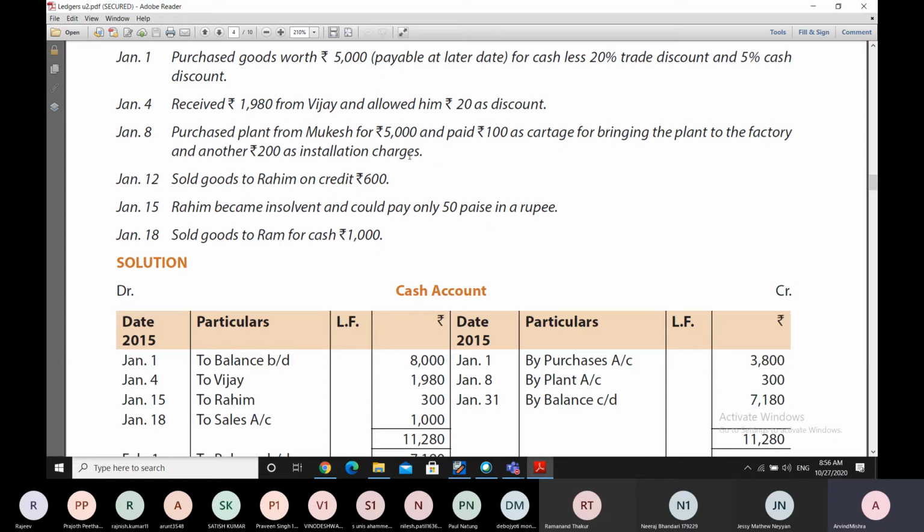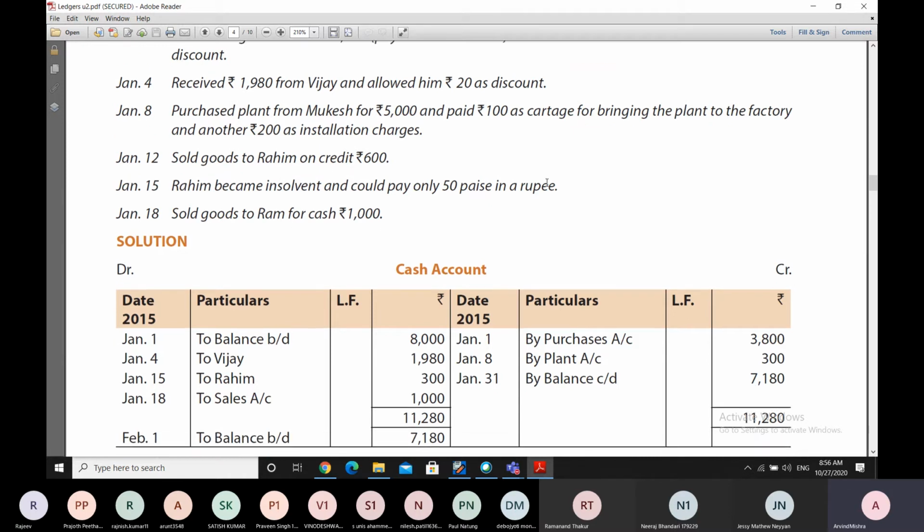So 100 plus 200 is 300 rupees. So the payment that we have made is 300 rupees, and therefore we make an entry in the cash account because the payment which has been made here is only 300 rupees. So we credit cash by 300 and this corresponding entry will go to the debit of the plant account, and therefore we debit plant by 300 rupees in respect of this 300 rupees which we have paid here.